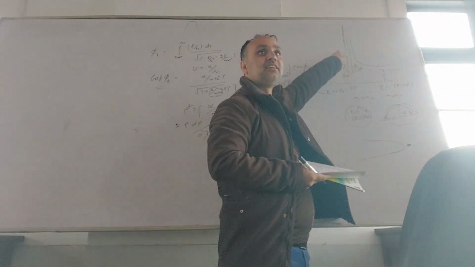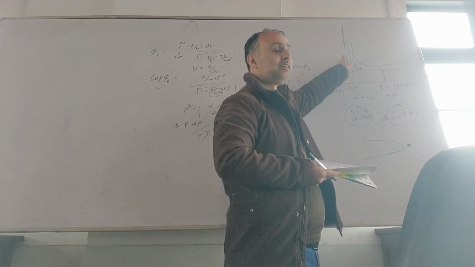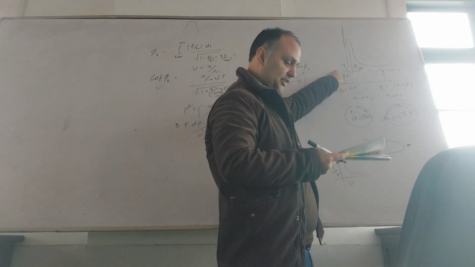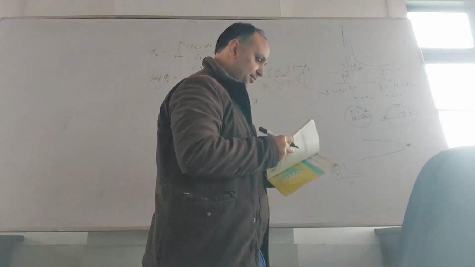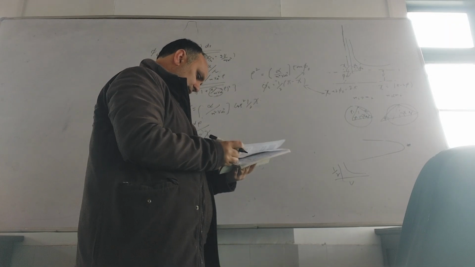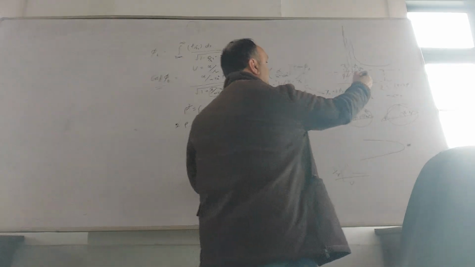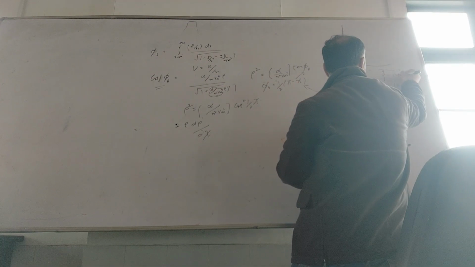Chi is this angle. What do we call this? Rho is the impact parameter.